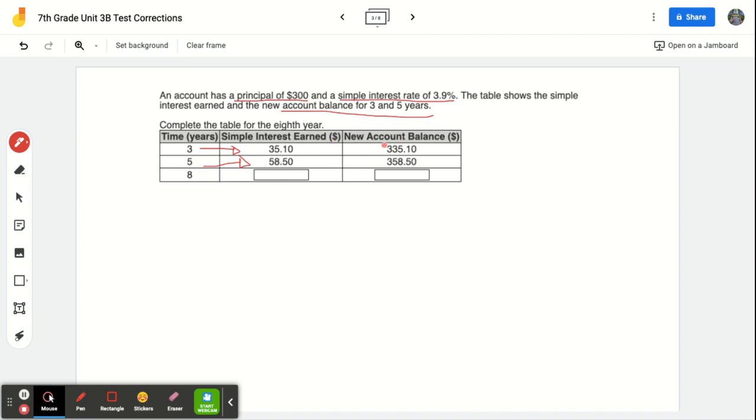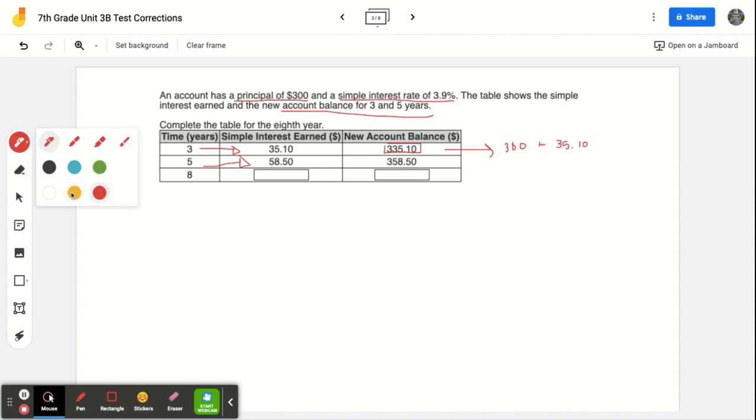And this amount over on this side, $335.10, is just the sum of the 300 that you originally put in plus the amount of interest that it earned. So that's where they get that number. So they found out how much interest they made and then found out how much total would have been in the bank. All right, so with this question, it's actually a little bit easier than it looks.